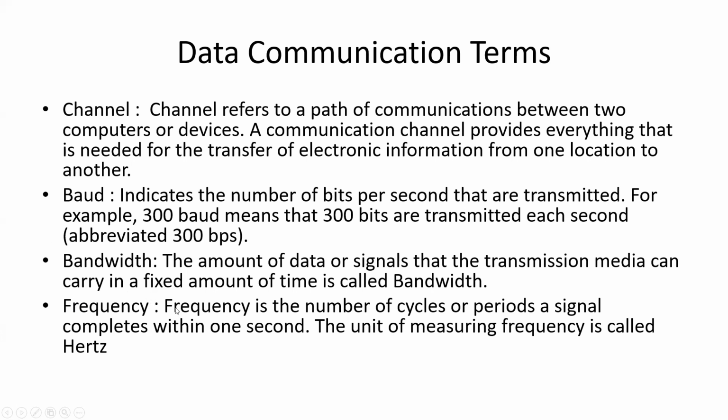Then the frequency. Frequency is the number of cycles or periods a signal completes within 1 second. As you know, we measure frequency, like CPU frequency, in the unit Hertz. So remember these terms: channel, baud, bandwidth, and frequency.